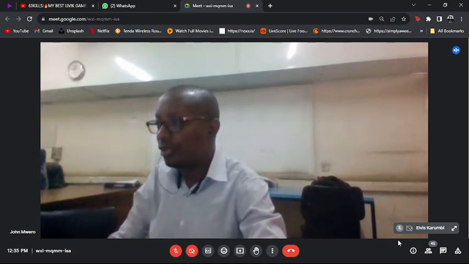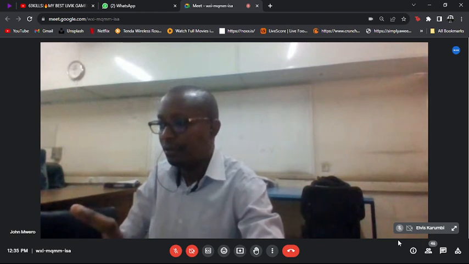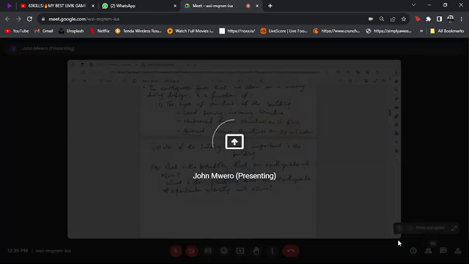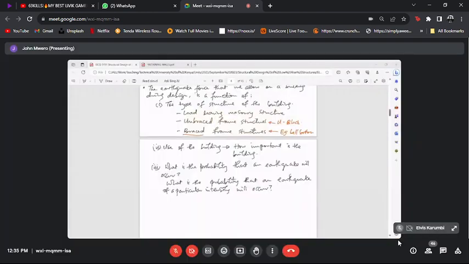Let me share this window again, where we were. I'll explain this concept of the meter width a little better in the next session, because we've not finished this session.